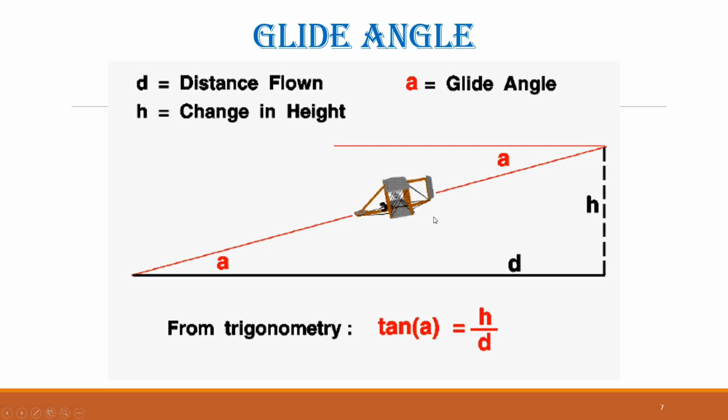On the other hand, if the glide angle is large, the glider will travel only a short distance before descending the same amount. In this sense, the glide angle serves as a clear indicator of how efficiently the glider is flying. As explained elsewhere, the glide angle is directly tied to the lift-to-drag ratio. A smaller glide angle corresponds to a higher lift-to-drag ratio, which is the hallmark of good aerodynamic performance.